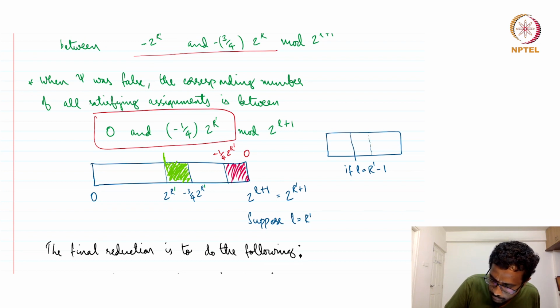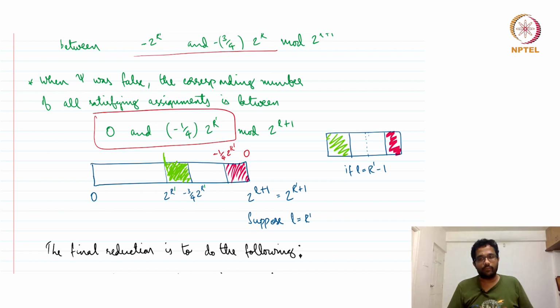So let's say this is the midway point, then we would have got the green zone to be here and the red zone to be here. But anyway, even l equal to r prime works. So in both cases it works. But if l is smaller than r prime minus 1, I don't think it will work, because then the zones will start merging and we will not be able to tell them apart.